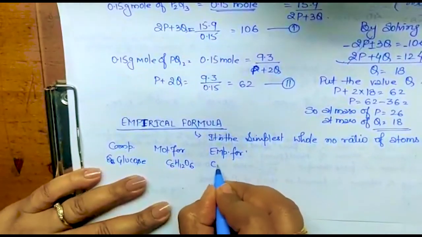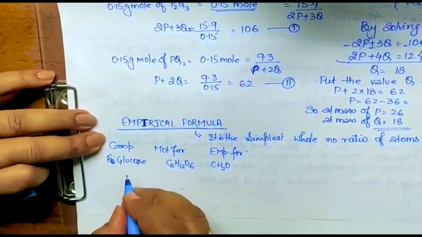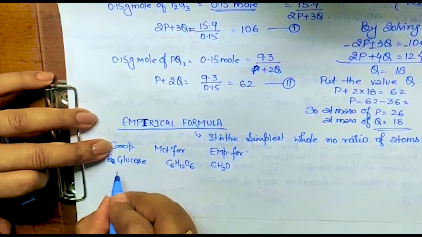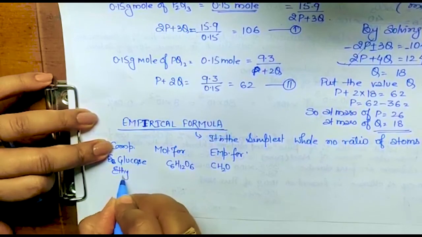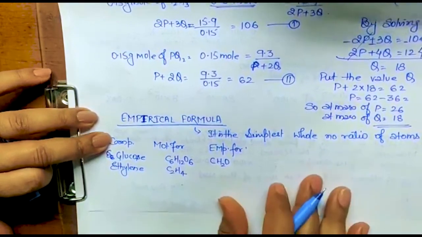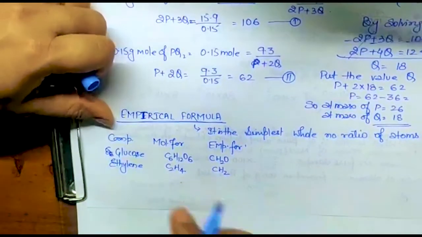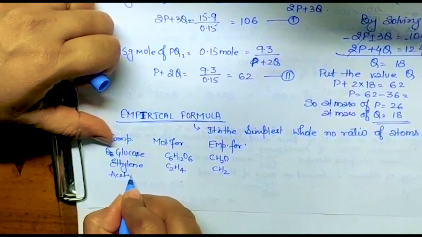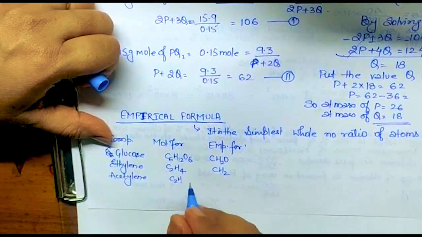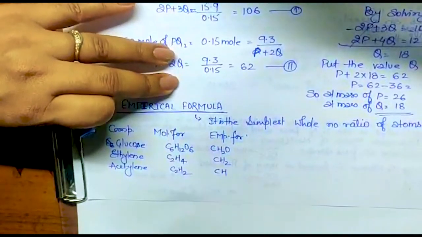So it will be CH2O. This is called the empirical formula, okay? Like ethylene, which you have learned in class 10th. What is the formula? C2H4, isn't it? So the empirical formula will be CH2. Like acetylene, you have learned that formula in class 10th too, isn't it? So C2H2. The empirical formula is CH. Yes.